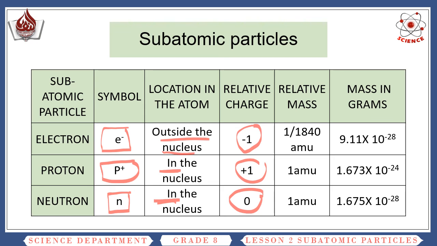Proton is a positive charge particle, while neutron has no charge, or you can say it's neutral. Neutral means it is not a positive or negative charge at all. Both proton and neutron are located in the nucleus, but the electron is located outside the nucleus.